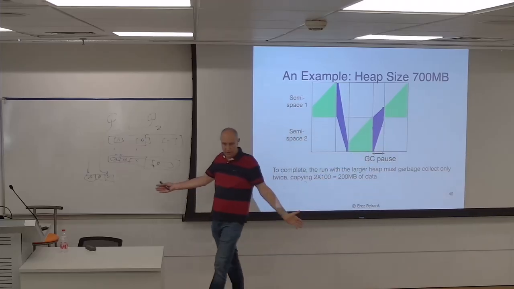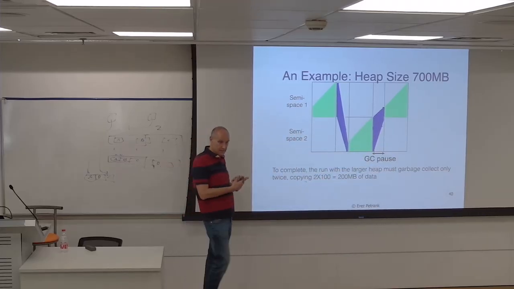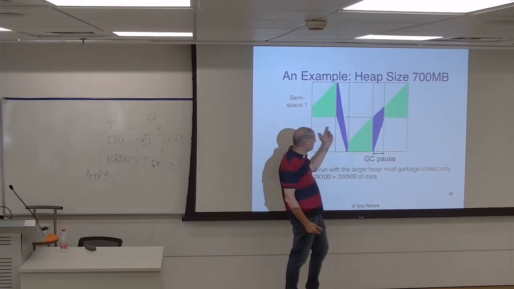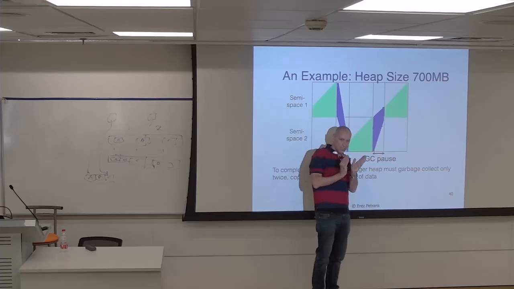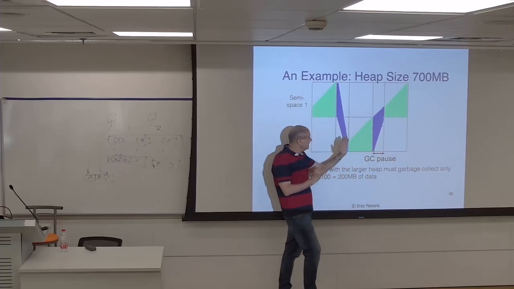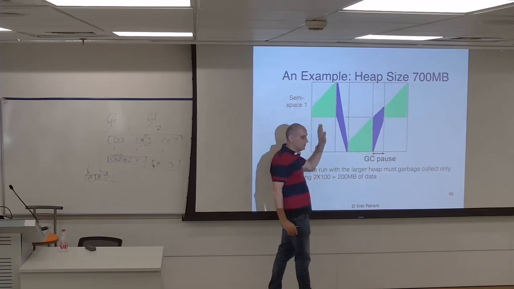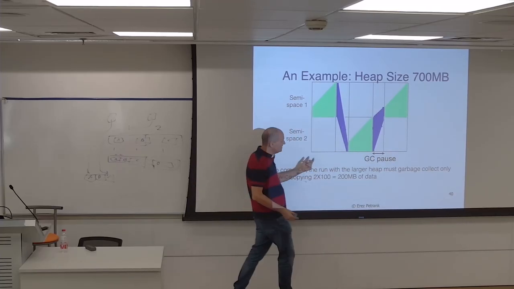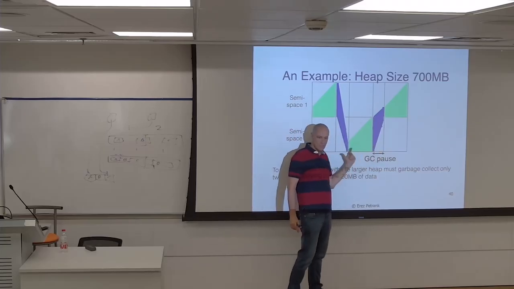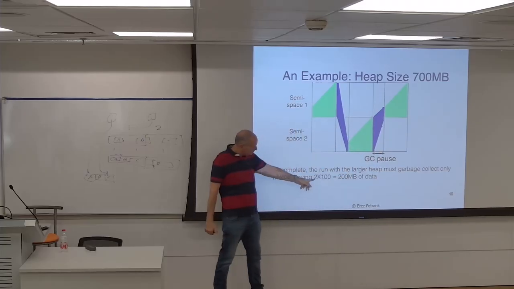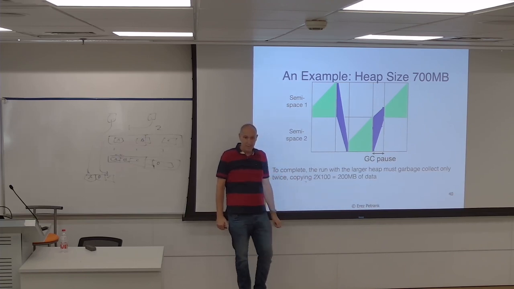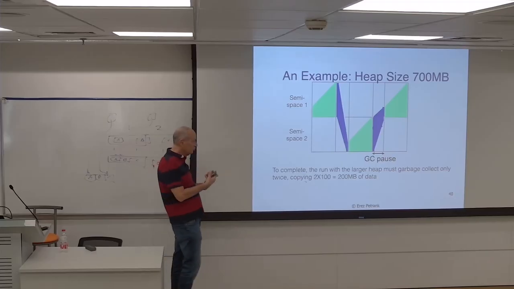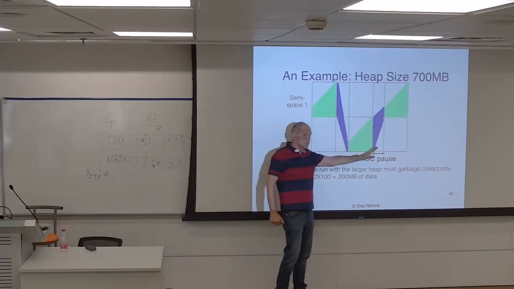If overall in the program I need to allocate 1800, and between two collections I allocate 600, then I only need 3 of these allocation periods in order to finish the program. So it is enough for me to do 2 collections to finish the program, and in each of them I copy 100 megabytes. So instead of 600 megabytes of copying, I do only 200 megabytes of copying throughout the execution.